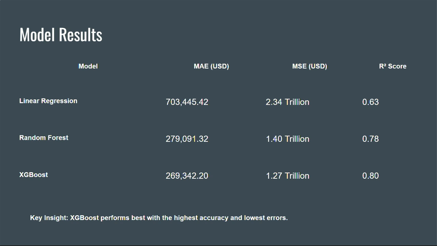And XGBoost was the best performing model, which achieved an R squared score of 0.8 and an MAE of 269,342. These results highlighted that XGBoost is the most reliable model for predicting property prices, and Random Forest as well is not too far behind.